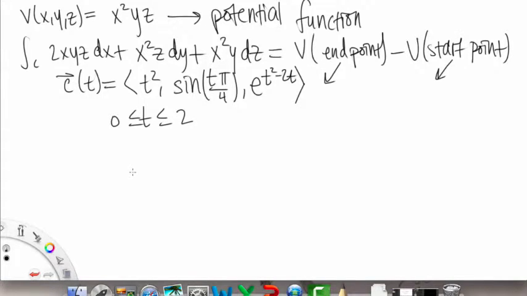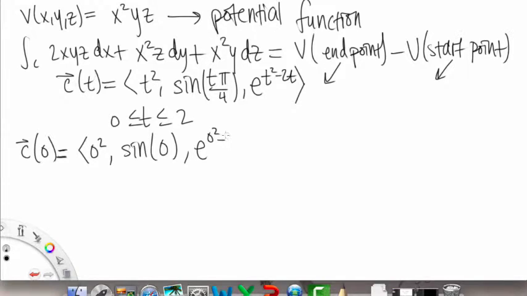The beginning of our curve can be found by finding c of 0, so we're just going to plug in 0 wherever you see a t. So we have 0 squared, and then sine of 0, and then e to the 0 squared minus 2 times 0. This turns out to be 0, 0, and e to the 0, which is a 1.